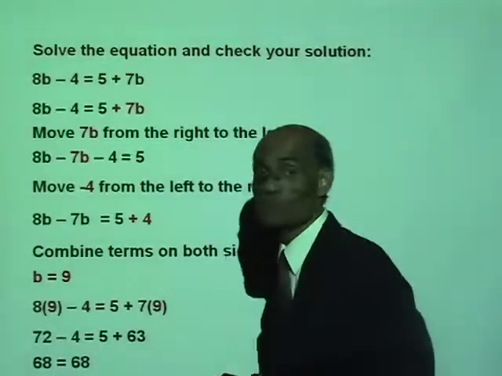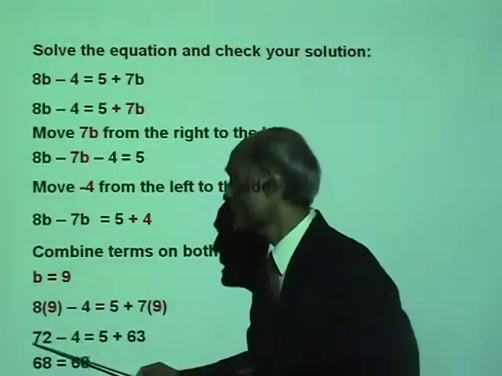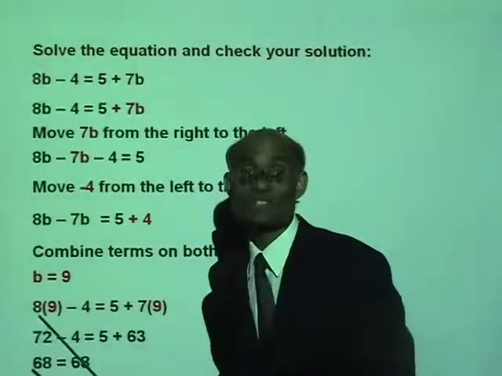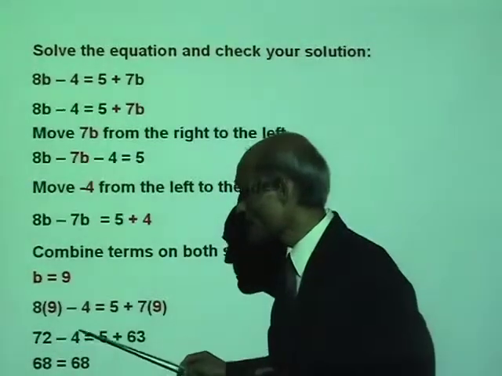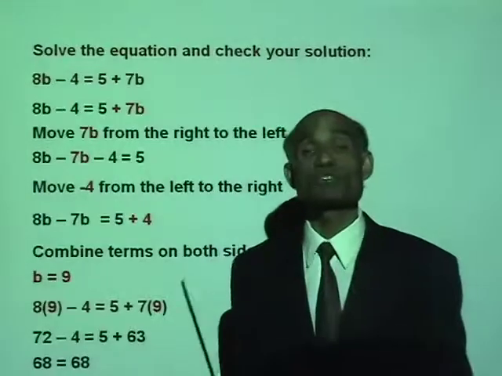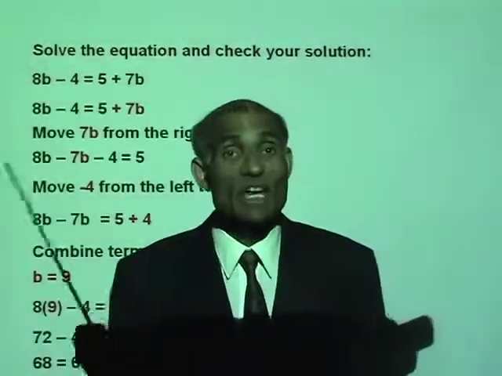And 72 minus 4 is 68. 5 plus 63 also is 68. So the left side is the same as the right side. That means the solution is a good solution.